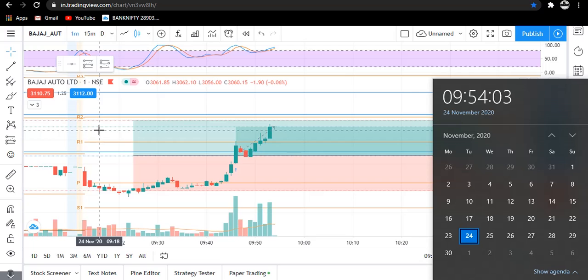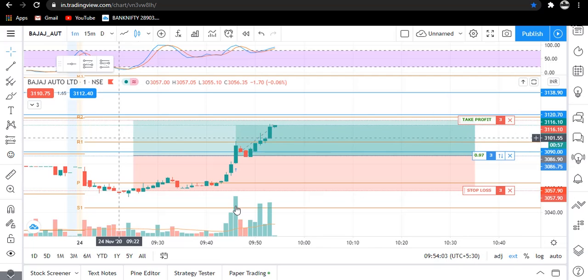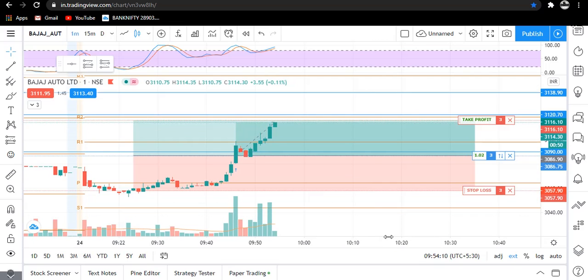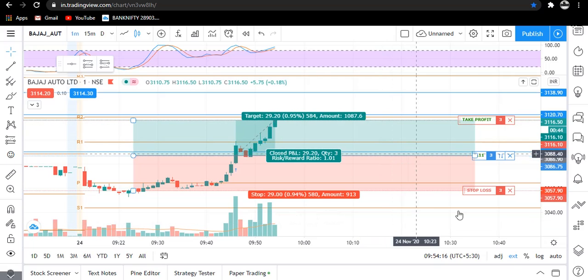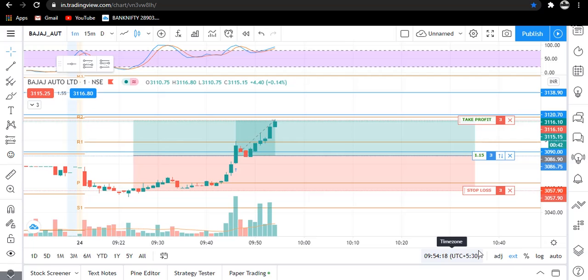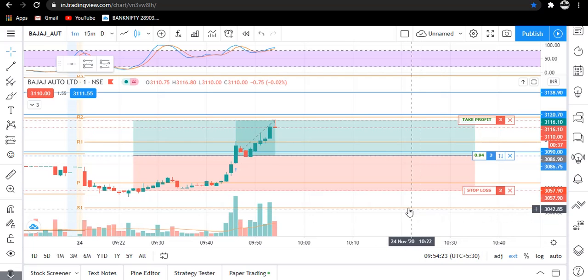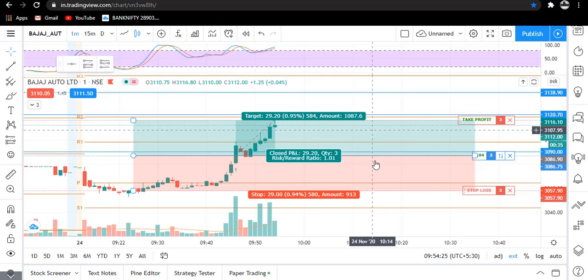It has not even been 10 minutes and we are about to complete our trade. It is now going to hit our target. Our order has not yet been executed, but it went towards our target.